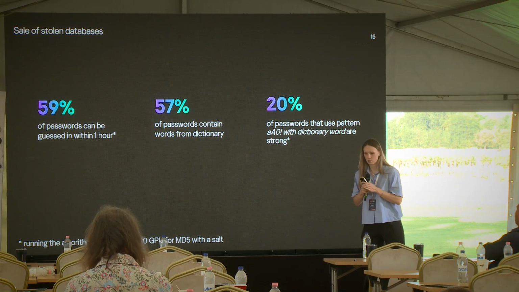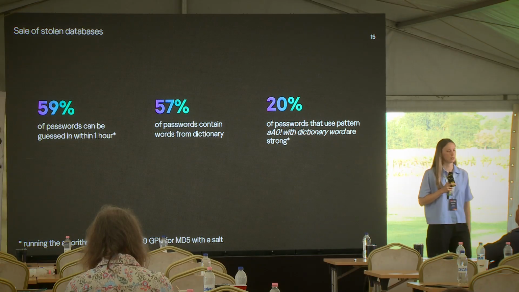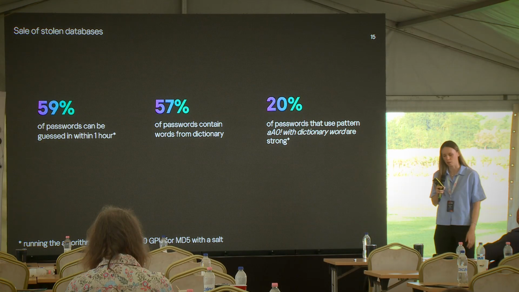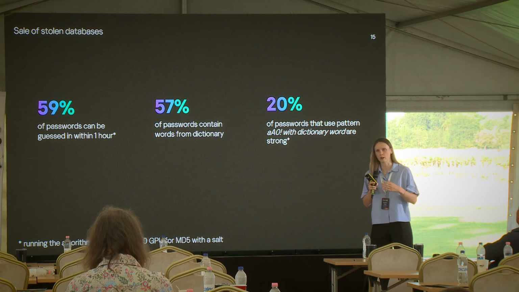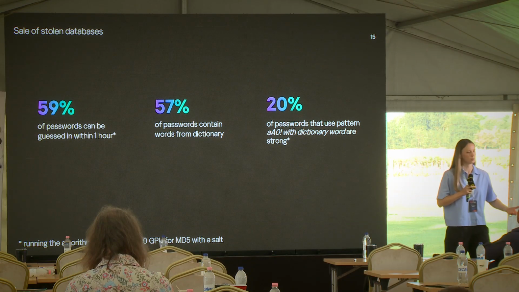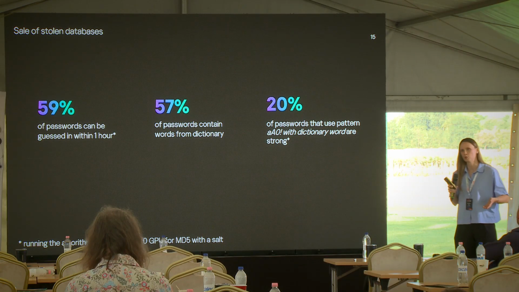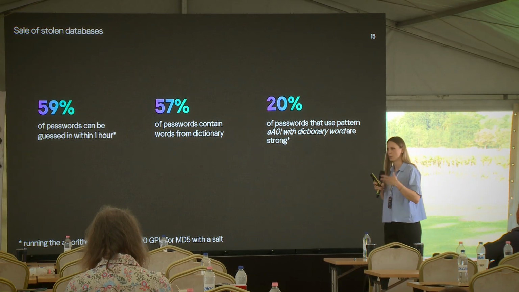When we analyzed all the hashes that we saw in data breaches published on the dark web, we checked how fast they can be converted into clear text passwords, and how much time it would take cybercriminals to get the real passwords from a stolen database with hashes.